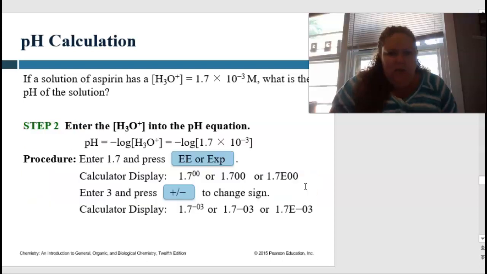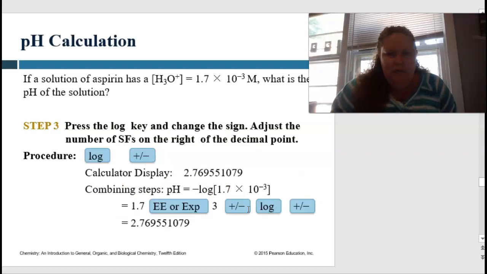Okay, so let's enter them into the pH equation. Then you're going to push these numbers on your calculator. When you do that, we're going to do the procedure of pressing the log key, changing the sign, and adjusting the number of sig figs to the right of the decimal point. So you can see the calculator display would be this.